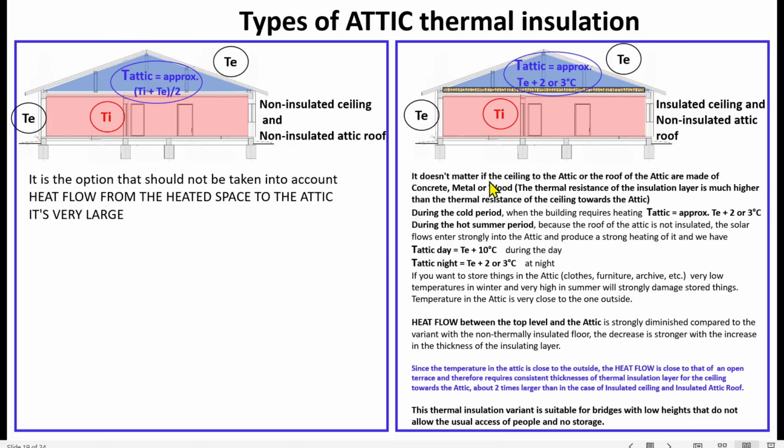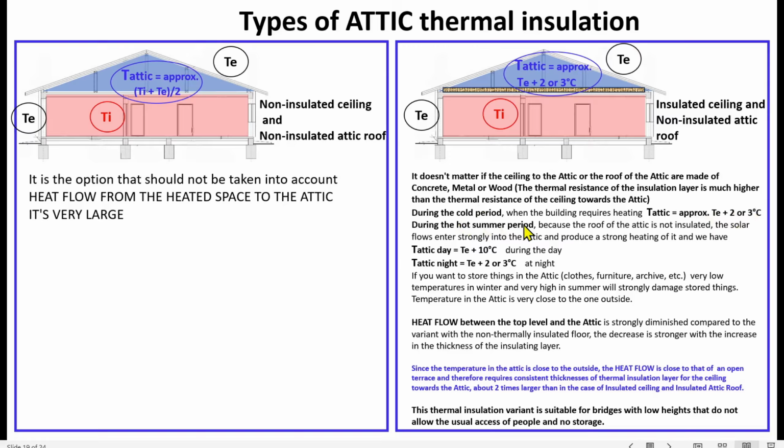It doesn't matter if the ceiling toward the attic or the attic roof are made of concrete, metal or wood. The thermal resistance of the insulating layer is much higher than the thermal resistance of the ceiling towards the attic. During the cold period, when the building requires heating, the attic is approximately the exterior plus 2 or 3 degrees Celsius.